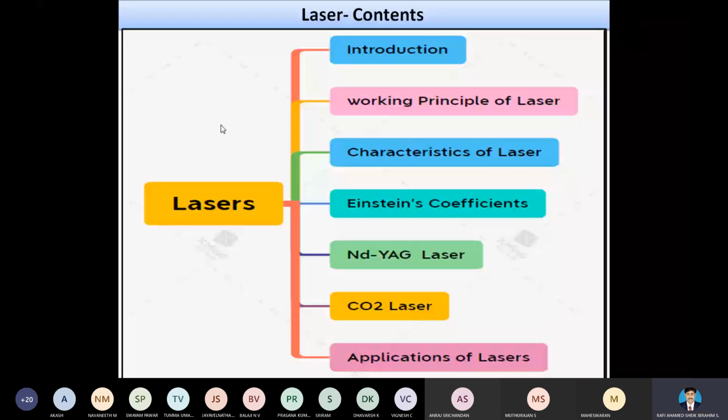We can see the introduction here, then working principle of laser, then characteristics of laser, then Einstein coefficients, then types of laser, Nd:YAG laser and CO2 laser, finally the applications of laser. So these are all the topics we have to learn from first part of our unit number 1, laser.